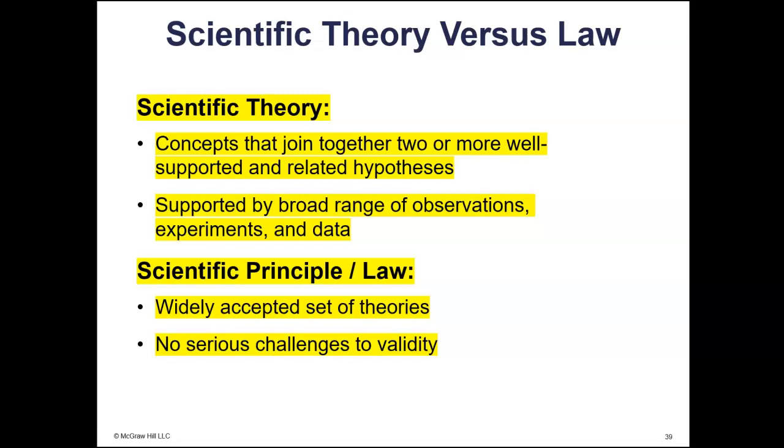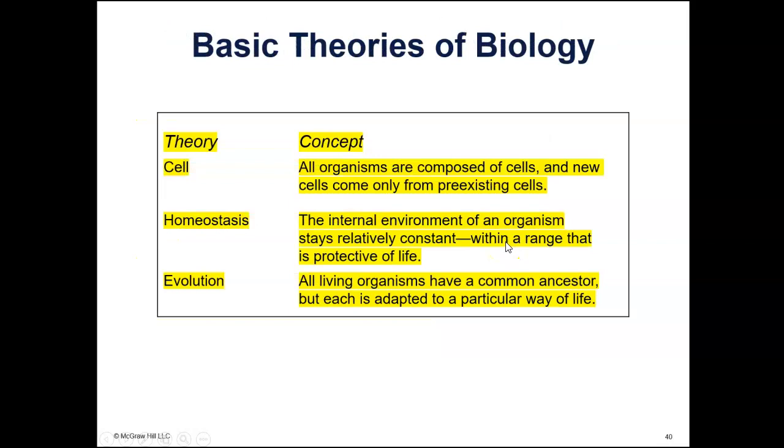A scientific principle or law is a widely accepted set of theories, and it has no serious challenges to validity, although there are very few challenges to scientific theories. Some examples of scientific theories, so you can understand how strongly supported they are: the cell theory says that all organisms are composed of cells, and new cells come only from pre-existing cells.